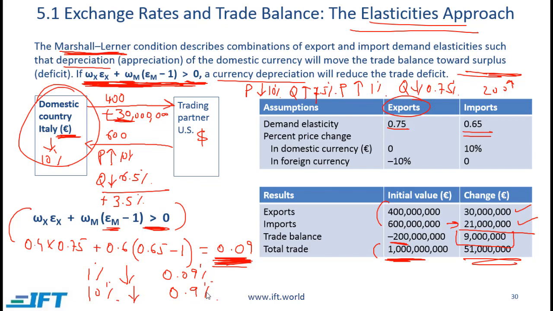If you take 0.9% of our original trade balance, we will get 9 million. So that is the connection between this and the calculation that we have done.